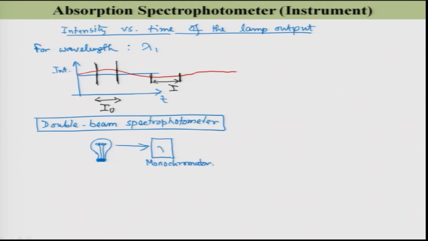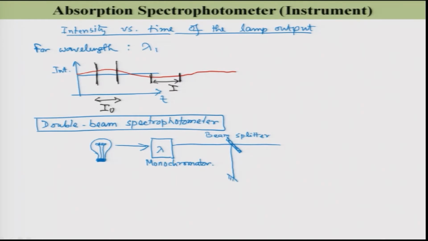You can set which lambda you want, and then I will do something whereby this light will be divided into two paths. So, I will use an optical element over here. This optical element is known as a beam splitter, by which this light will be divided in two paths.